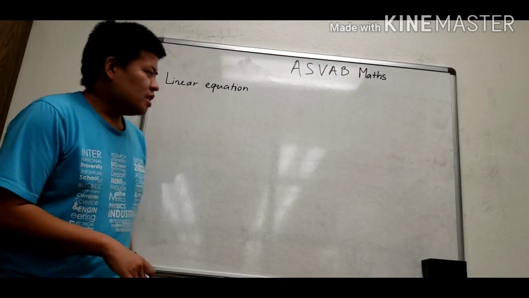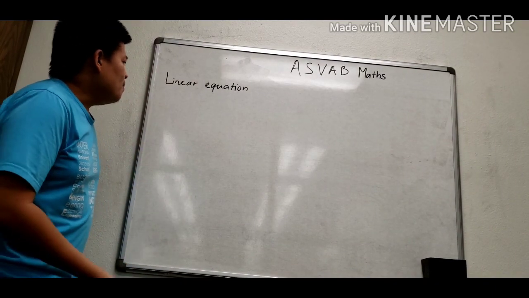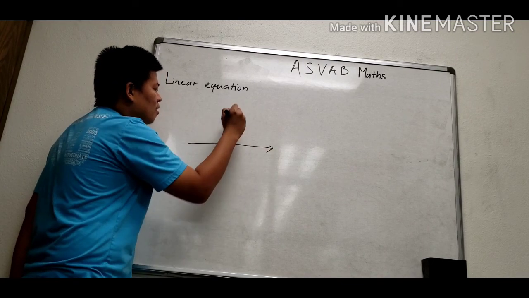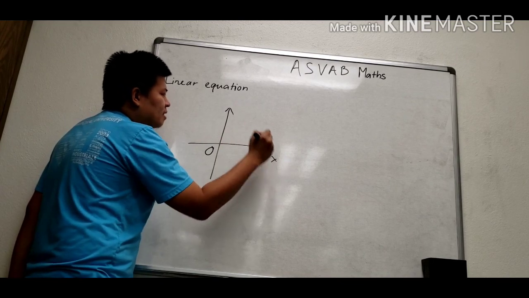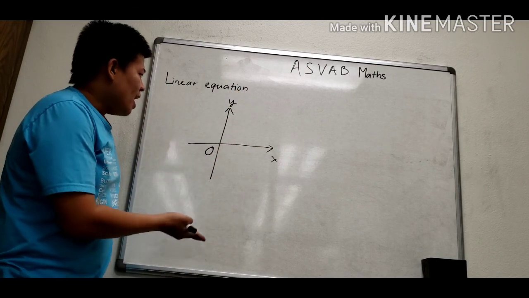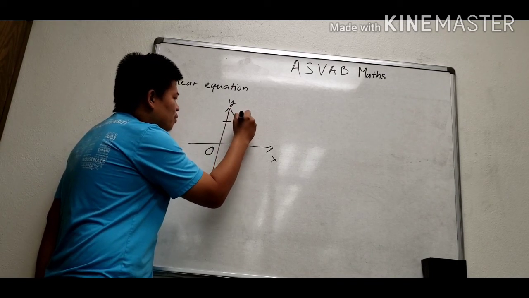So the next one, that's about linear equation. This means that we have all x and y. For example, we have all x, y, and they provide for you 2 points.